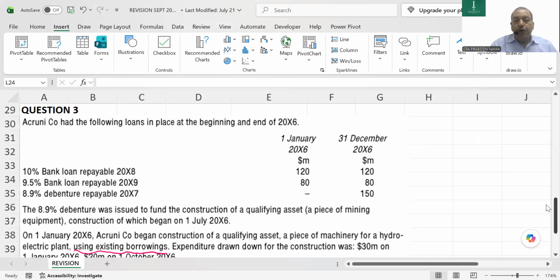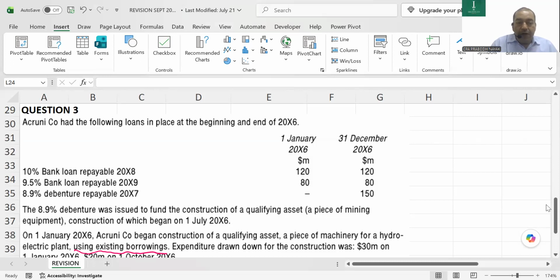A company had the following loans in place at the beginning and end of 20x6, 1st January and 31st December. 10% bank loan repayable in 20x8. We have $120 million at the beginning and $120 million at the end of 20x6. 9.5% bank loan repayable in 20x9, $80 million beginning and $80 million at the end.